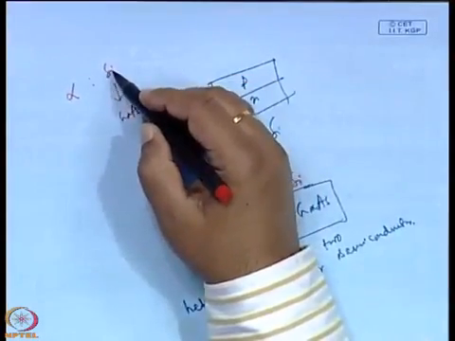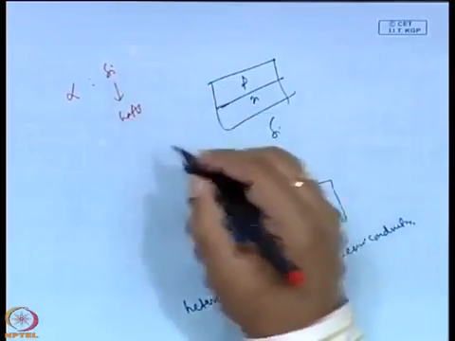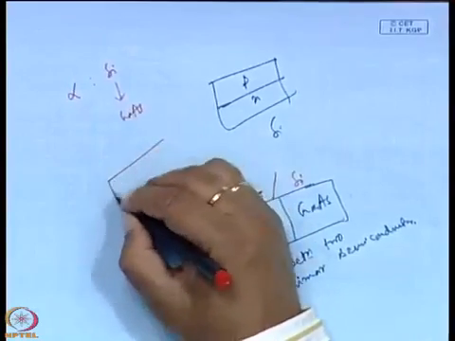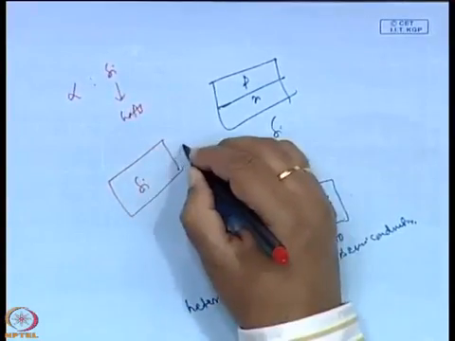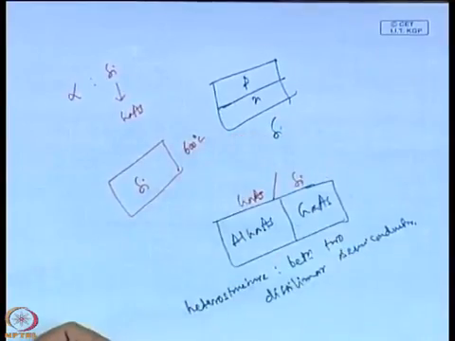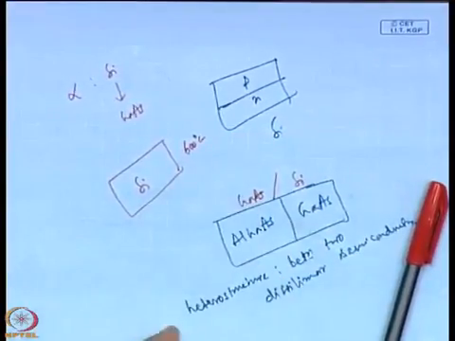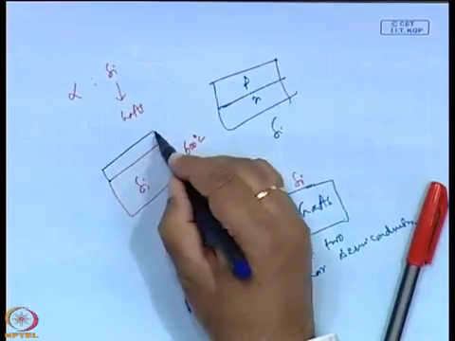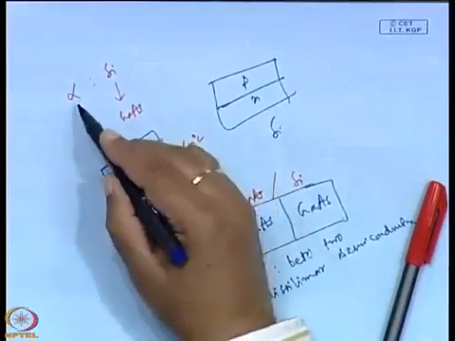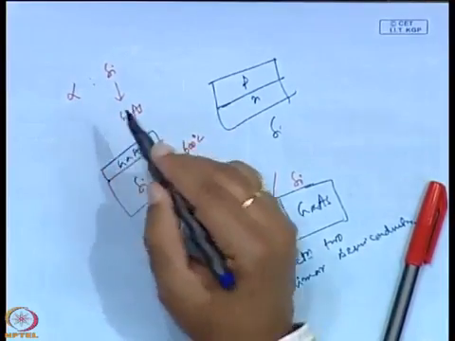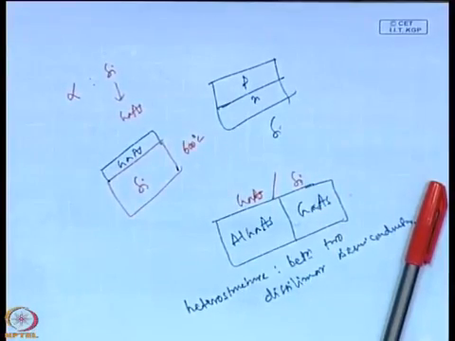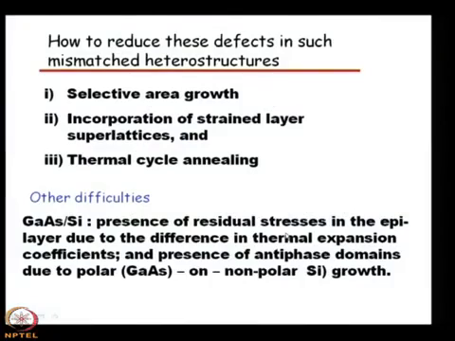So, if you grow gallium arsenide on silicon at, say, 600 degree centigrade, which is an example, not the actual temperature, the expansion of silicon and gallium arsenide will be different because of the difference in alpha. Then there will be residual stresses.